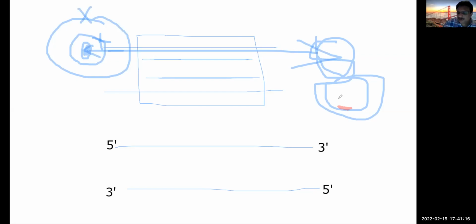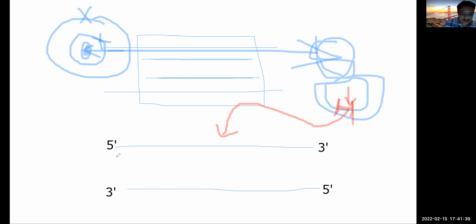The insulin gene is located in one place only. It's not all over the chromosome. So let's say this represents the insulin gene. This is the extent of the insulin gene, and we are only interested in amplifying it. So how to limit this boundary?